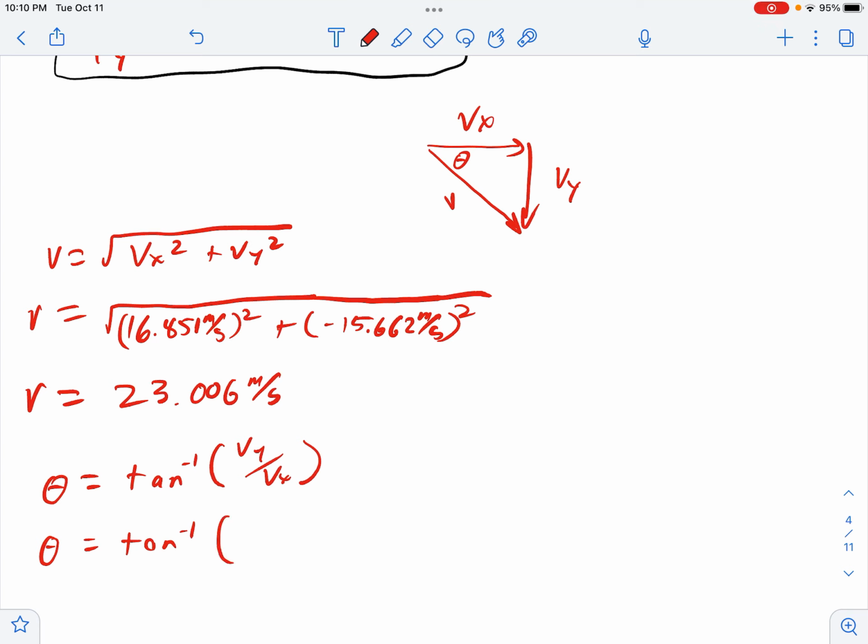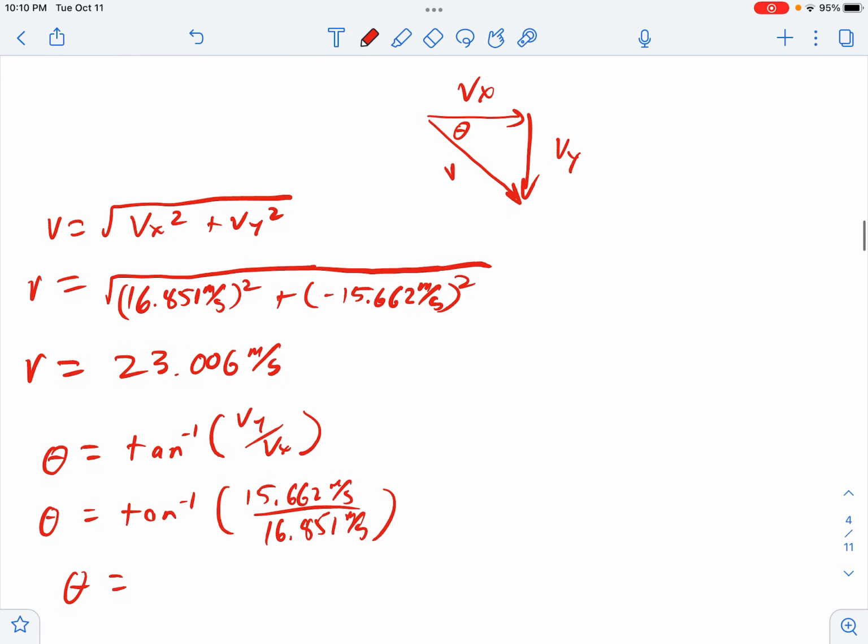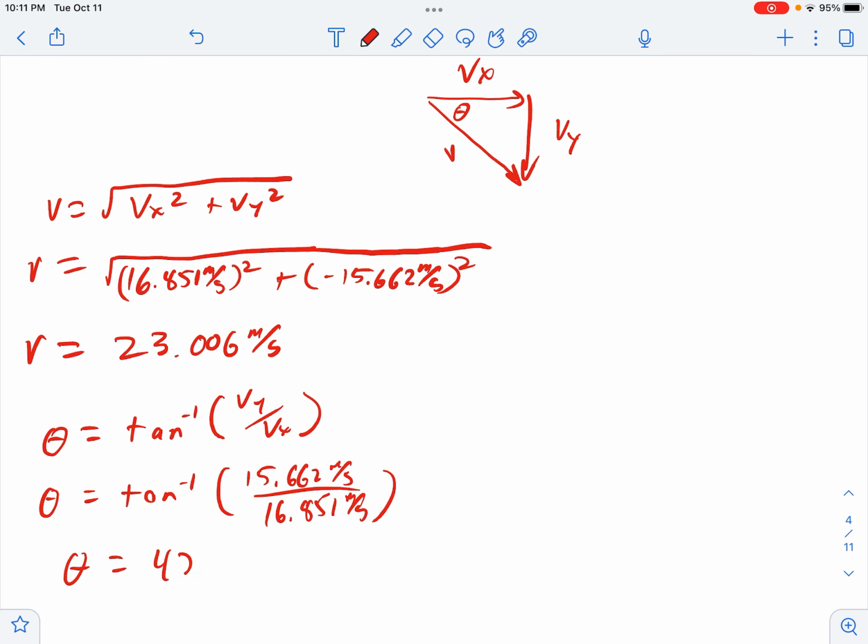So I'm just going to plug in the magnitude of my two components. I'm really just interested in the size of that angle. So I plug in my Vy and my Vx. If I put that in the calculator, I should get a value of 42.906 degrees.